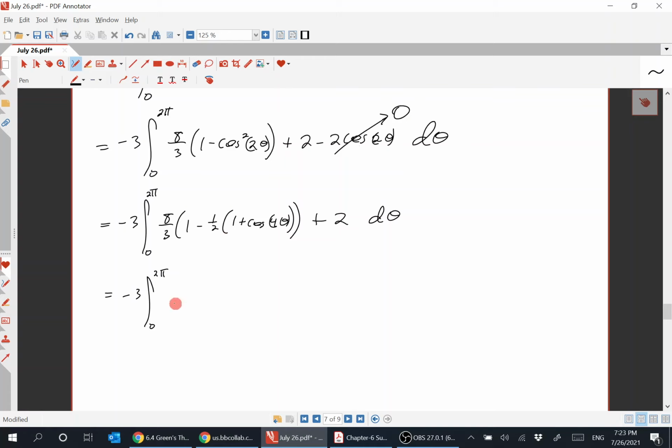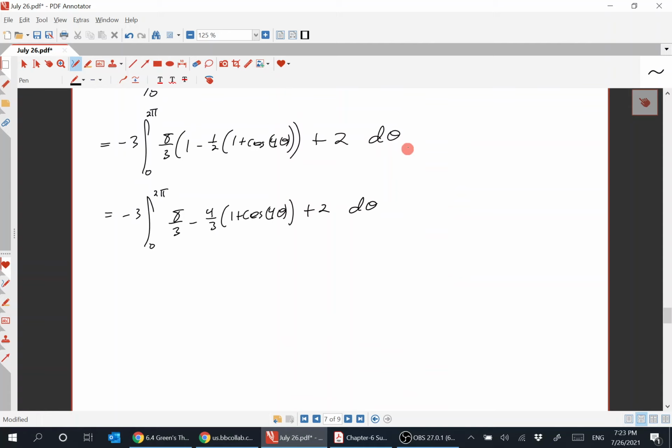Well, let's distribute that through. So I got 8/3 minus 4/3, 1 plus cosine 4 theta, plus 2. So this becomes 4/3 here. So 8/3 minus 4/3 is 4/3 plus 2. 2 is 6/3. So I got 10/3 minus 4/3 cosine 4 theta, d theta.